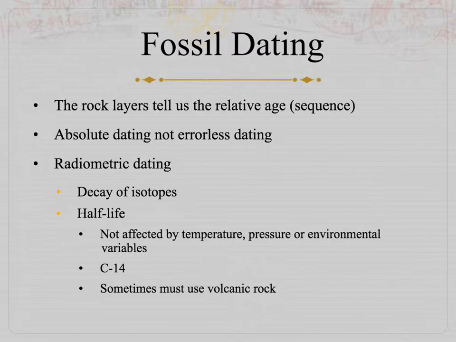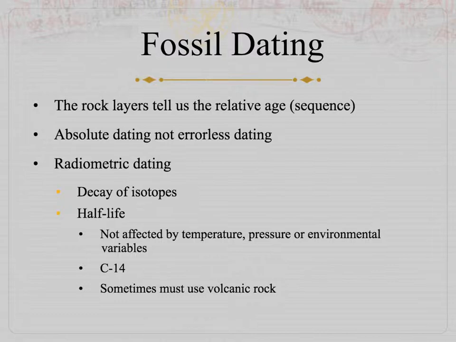Another way they can do this is to look at volcanic rock, because as the volcanic rock cools, it traps isotopes that are not common in organisms, things like uranium-238 or other forms of isotopes that maybe won't decay as quickly.